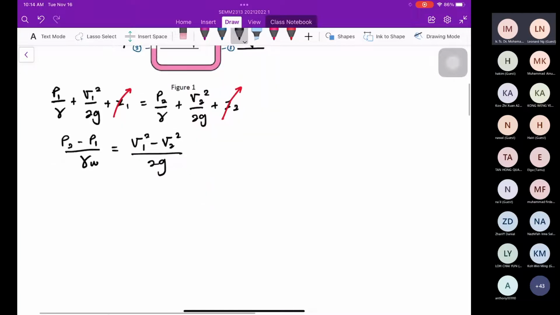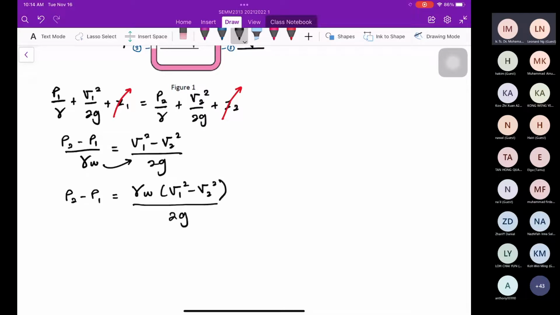Then I move this to the other side. It will be P2 minus P1 equal to gamma, the specific weight, times (V1 squared minus V2 squared) over 2g.